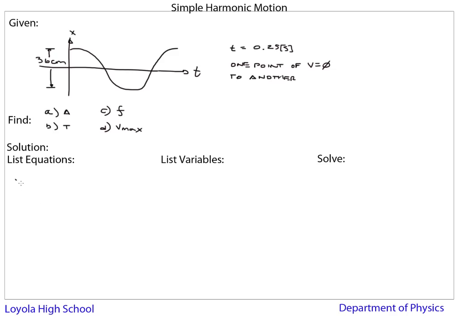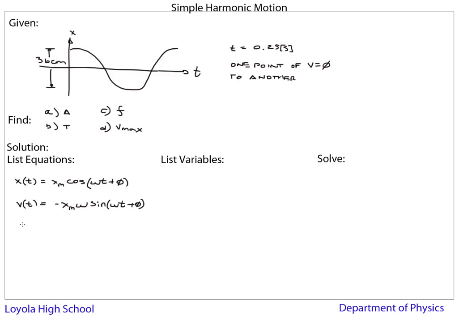So for the equations, we're going to list these equations here. We're going to list the position versus time, which is x max, or amplitude, times cosine of omega t plus phi. And then if we take a derivative, we get minus x max omega sine of omega t plus phi.